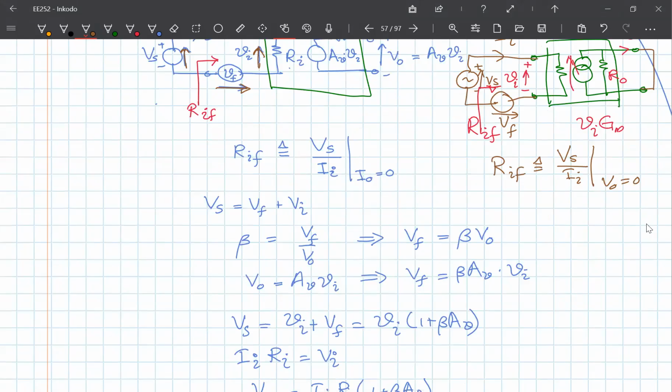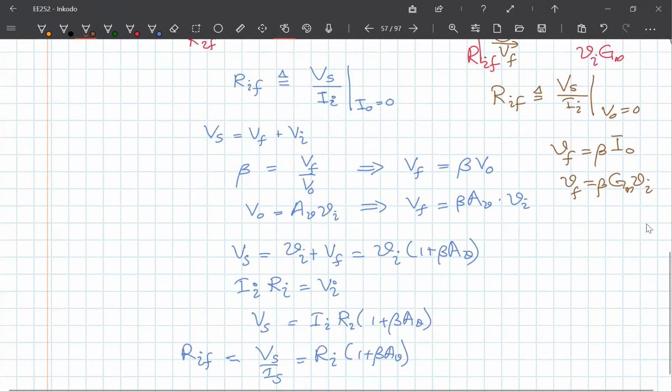So therefore everything else will be the same, except that now VF will be equal to beta times I out, right? I out will be equal to GM times VI, VF. So this is the only difference.